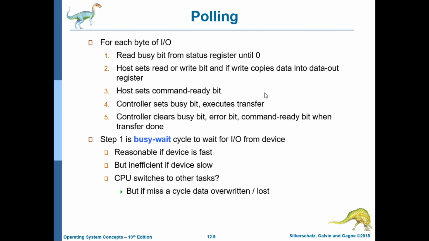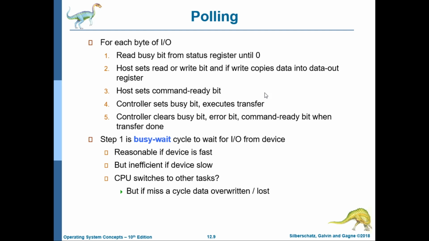I/O from the device. Again, busy wait, as in reference to the previous chapters, is if it's not yet your turn, then every so often, at some interval, you check if it is already available. That is busy wait.